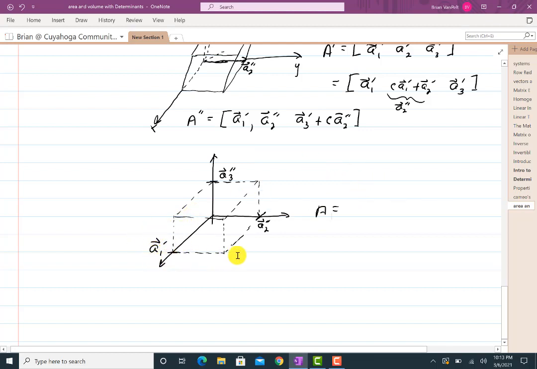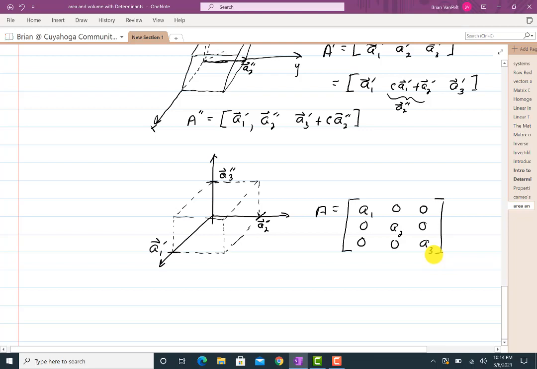This has only an x component, this has only a y component, and this has only a z component. So you're going to be left with something along these lines. I'm just going to let these be numbers. And now it's easy to see that the volume will be given by that determinant.